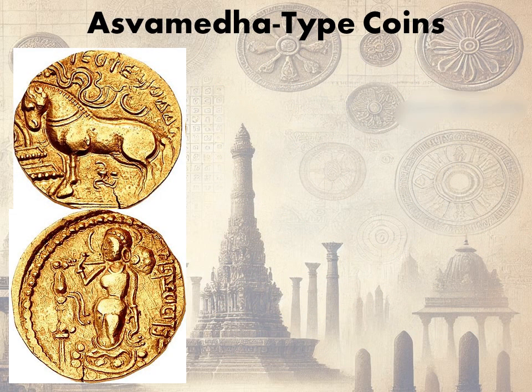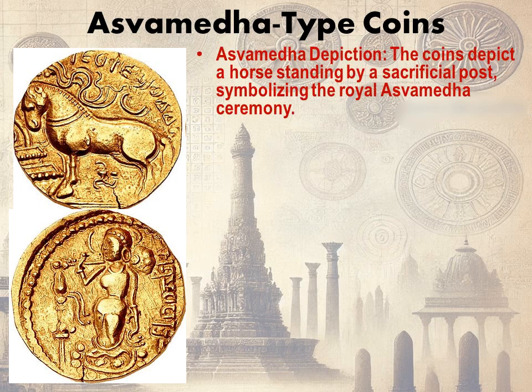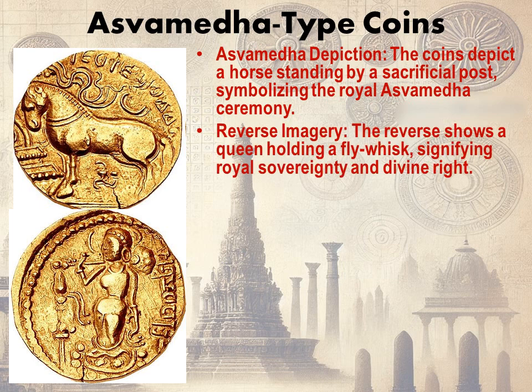Ashwamedha type coins. As described before, the Ashwamedha sacrifice was a Brahmanical ritual performed by Samudragupta in order to assert his sovereignty. So these coins depict a horse standing by a sacrificial post, symbolizing the royal Ashwamedha ceremony. So a horse can be seen standing by a sacrificial post, and thus it symbolizes this Ashwamedha ceremony performed by Emperor Samudragupta.